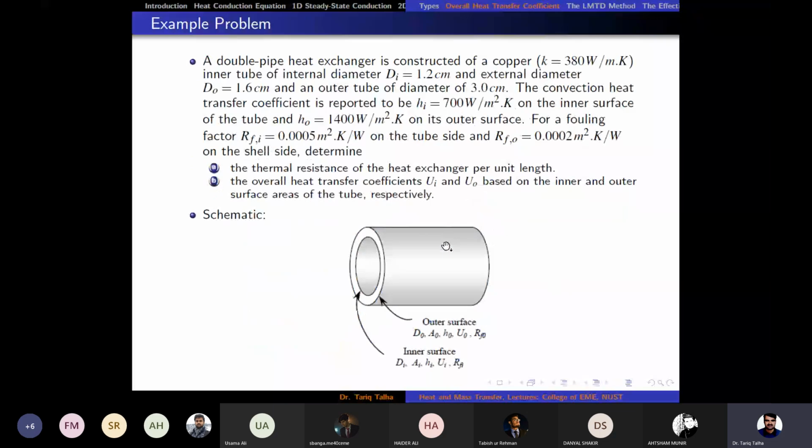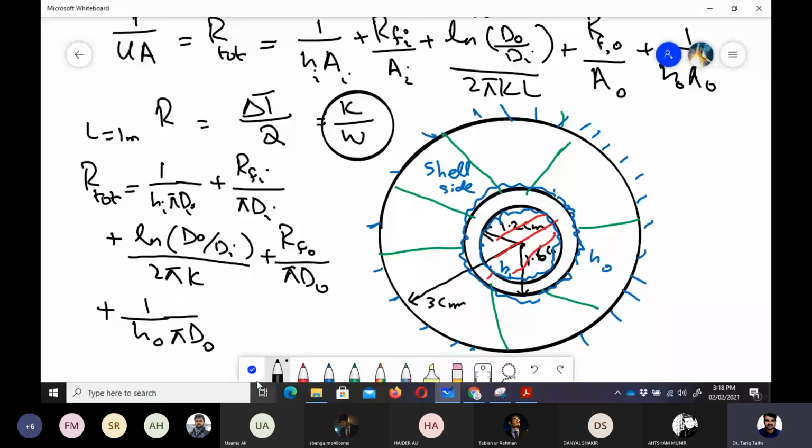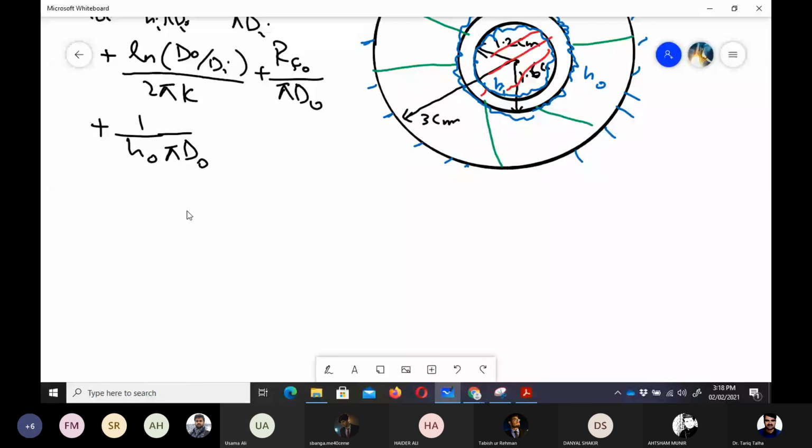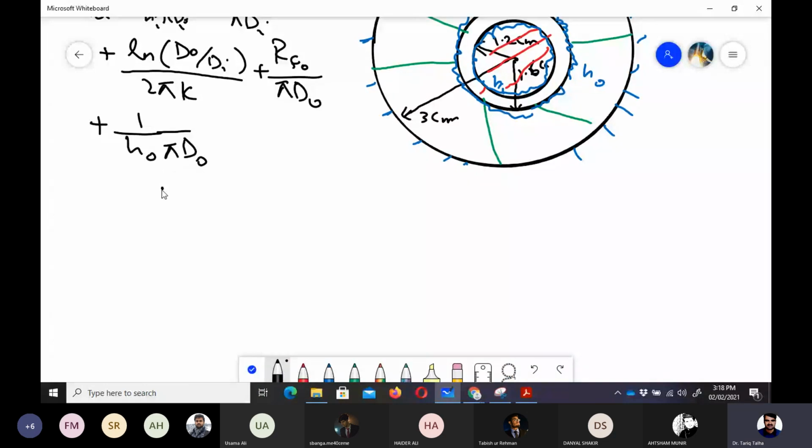Now the overall heat transfer coefficients Ui and Uo, based on the inner and outer surface area of the pipe. It means that first we calculate R total. Now R total is equal to 1 upon Ui into Ai, which is equal to 1 upon U outer into A outer.